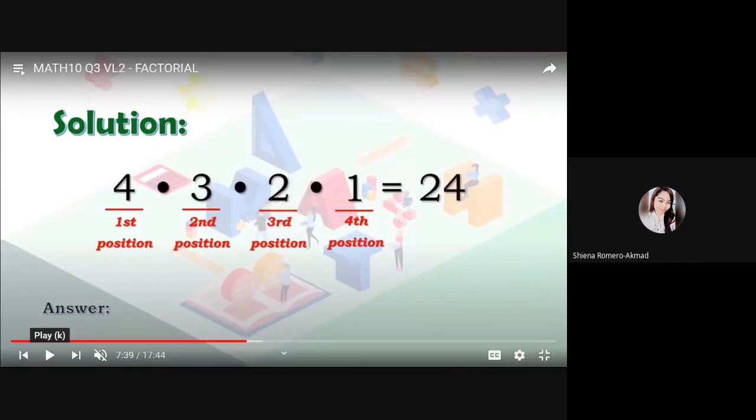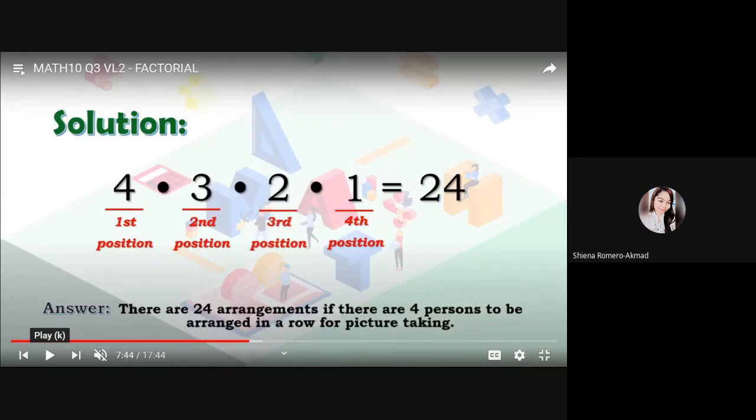And if you multiply that, you'll get 24 to get their product. Okay? So the answer is there are 24 arrangements if there are 4 persons to be arranged in a row for picture taking. So just by looking at the pattern on the number of choices we have for each position, pwede natin palang kunin yung answer without writing, without listing, para mas madali, di ba?